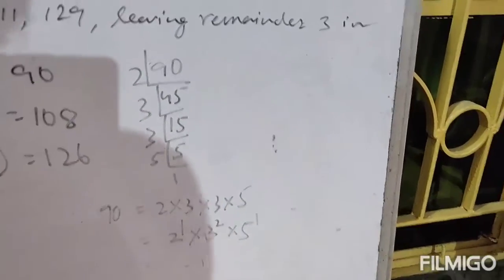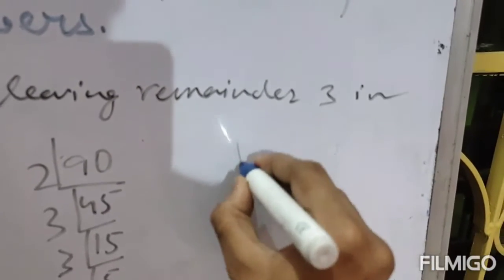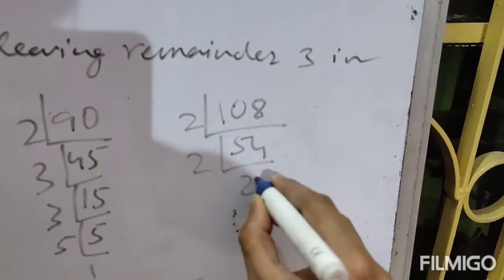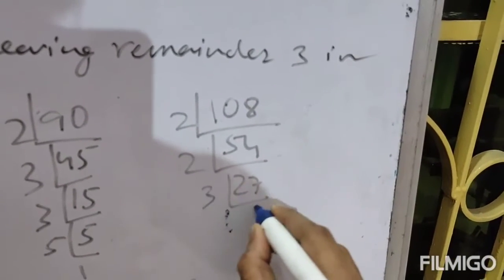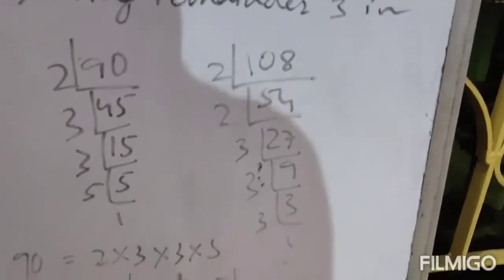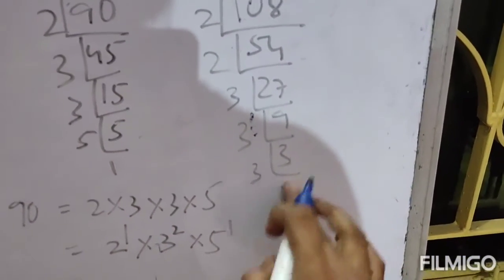This is 90. Next number is 108. 2 times 54, 2 times 27, 3 9s are 27, 3 3s are 9 and 3 1s are 3. This is 1.